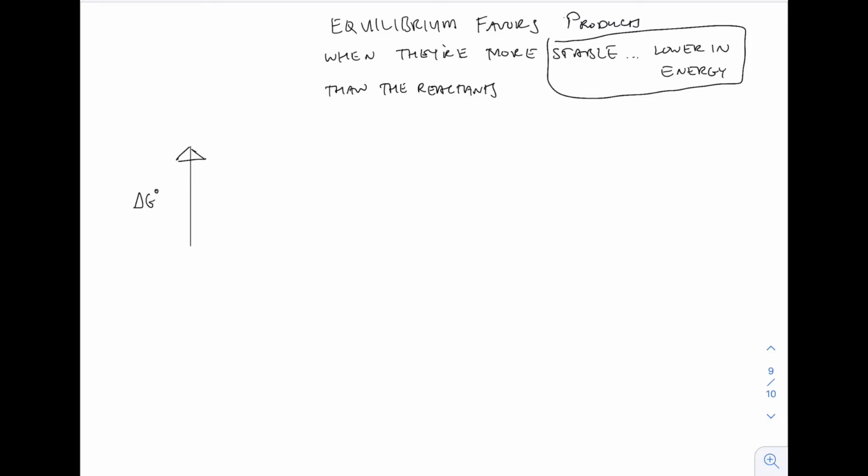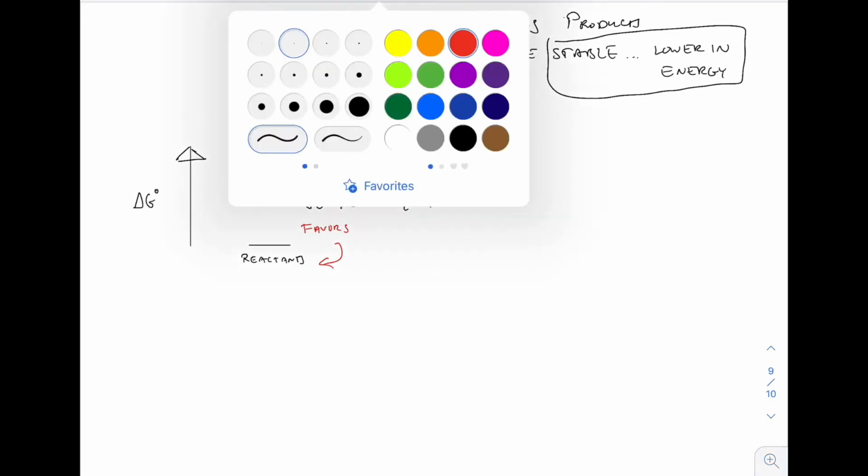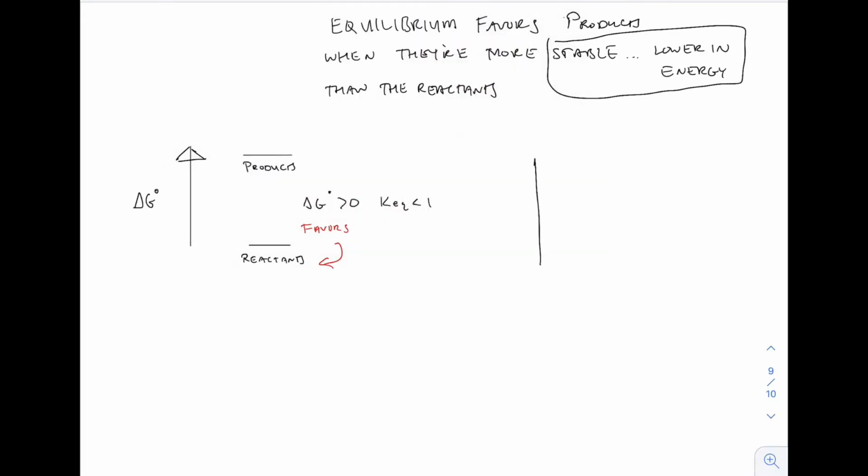And that's with respect to the reactants. So if we have delta G on the y-axis, increasing in energy, and we have the products on the top and the reactants on the bottom, that means the products have a higher delta G, right? And that means delta G is going to be greater than 0, and Keq is less than 1. So that means it's going to favor the reactants.